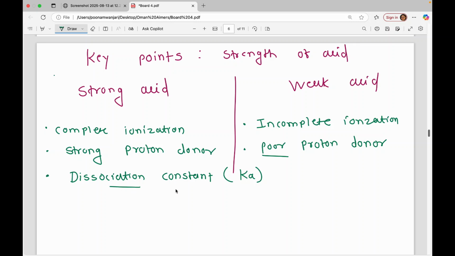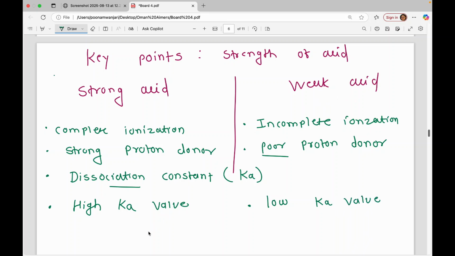Dissociation constant is an equilibrium constant for acid, and Kb is the dissociation constant for base. When the value of Ka is high, that time the acid is a strong acid. And when the value of Ka is low, that time we call it a weak acid.